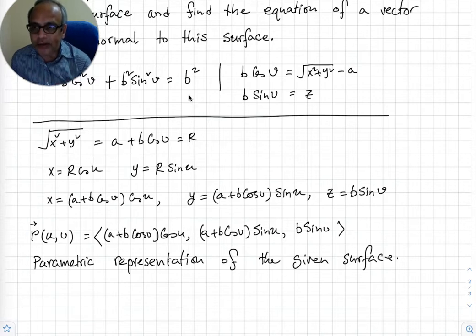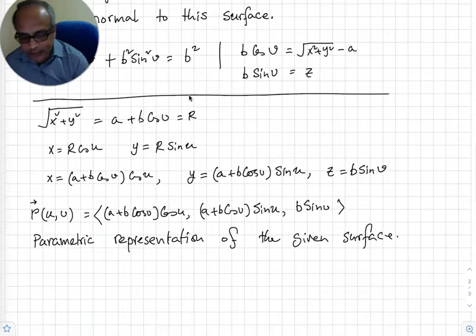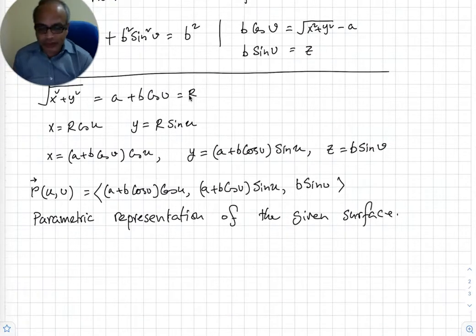You can make a substitution and represent the x coordinate as a function of two parameters, the y coordinate as a function of two parameters, and the z coordinate as a function of two parameters, and that is just trial and error, like regular substitution. Okay, so that's how you convert any surface into the parametric form.